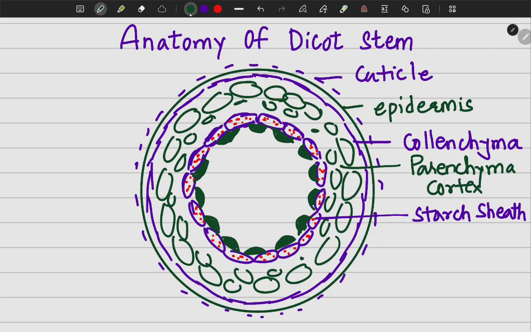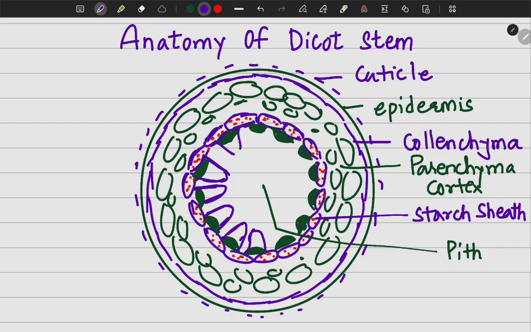Now the central location is the pith. This is the pith, which is made up of parenchyma cells with intercellular spaces, and in this there will be radial arrangement of vascular bundles. These vascular bundles will be arranged over the pericycle like this in the form of a ring.